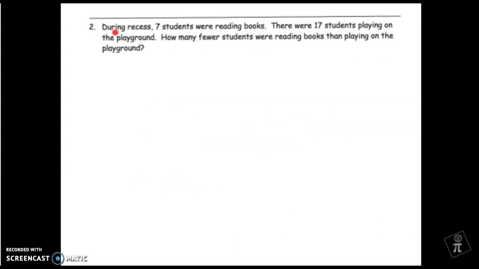So here it says, during recess, 7 students were reading books. There were 17 students playing on the playground. How many fewer students were reading books than playing on the playground?